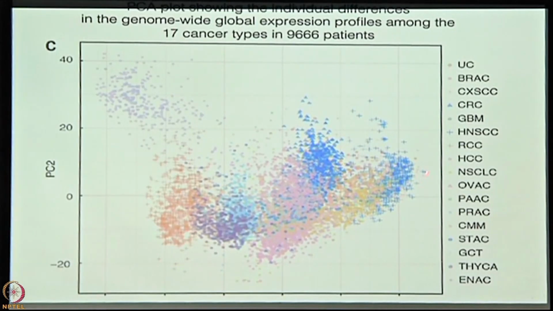Not only that, you will see that there is also a spillover into cancers of other types. In fact, if you go only by the transcriptomics profile, you will say that this resembles this cancer more than it does its parent cancer, which raises a question in my mind which so far I haven't been able to answer. If that's the case, then why does it look like that?